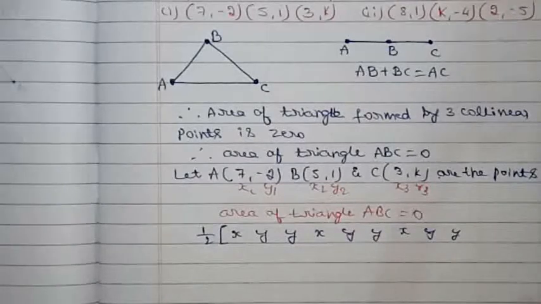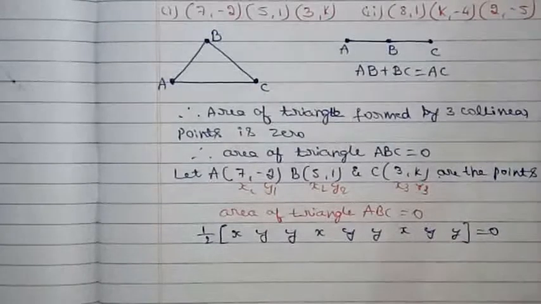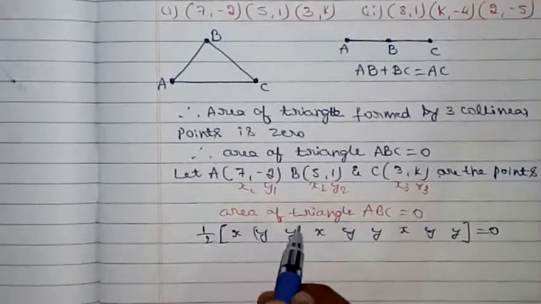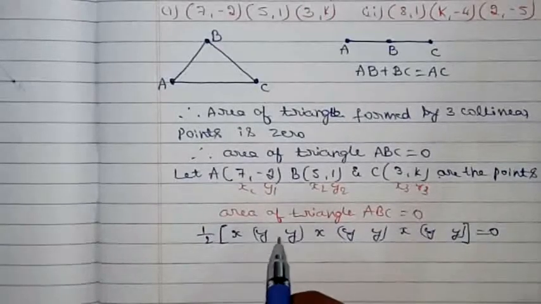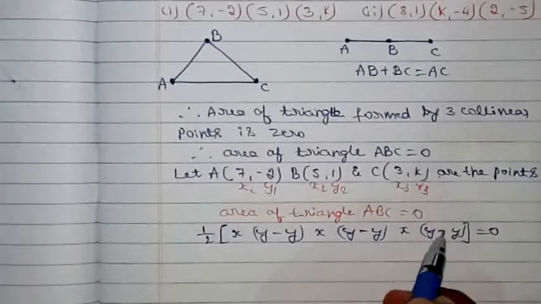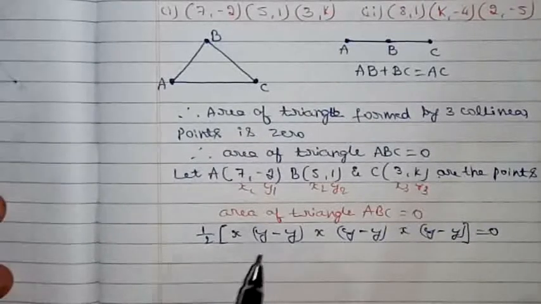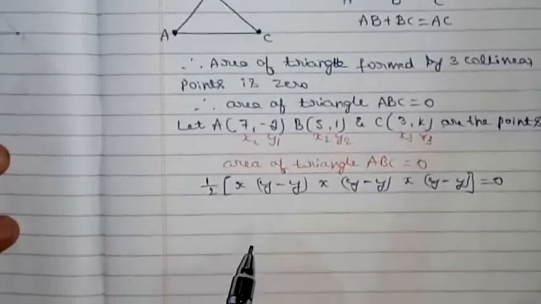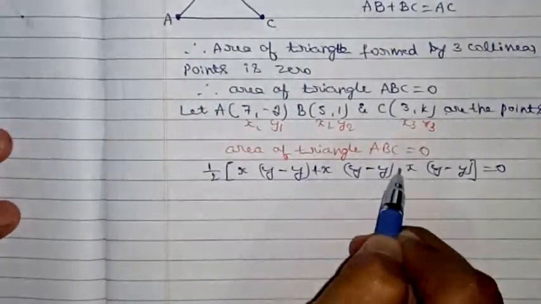This is the hint that I have given, and that's equal to 0. Now write down the first bracket, here also a bracket, here minus, minus, minus. I'm writing the formula by that hint. Afterwards write down plus here, and plus here also.